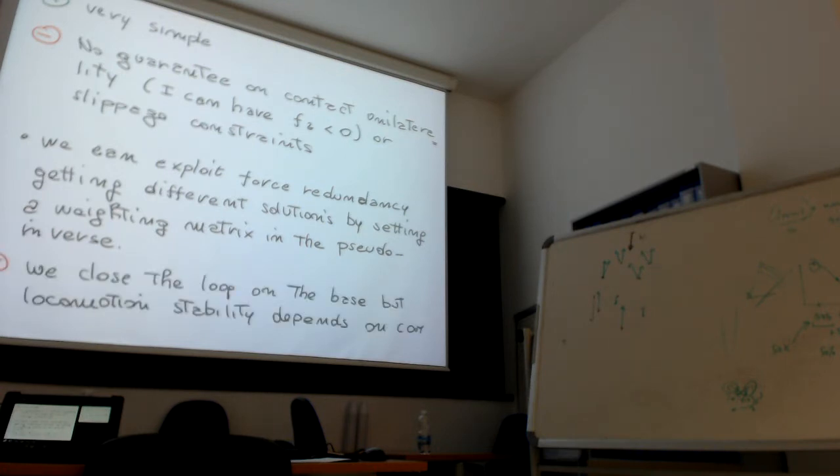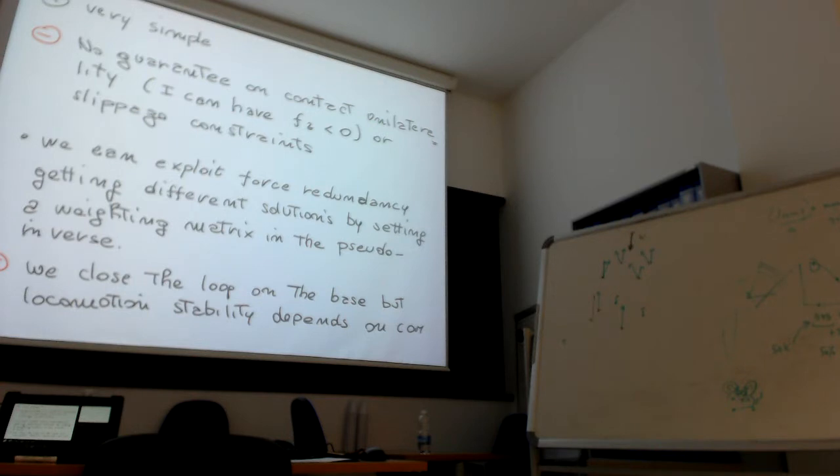But we'll see later on we want to add some friction constraints, some unilateral constraints, and that's the reason for which we moved to the QP based controller.